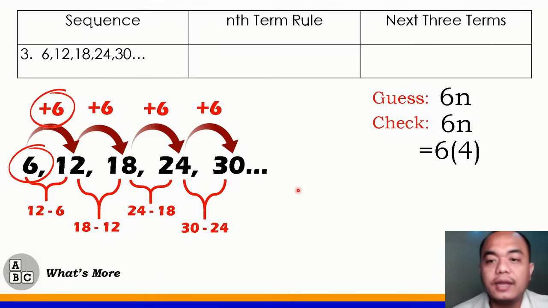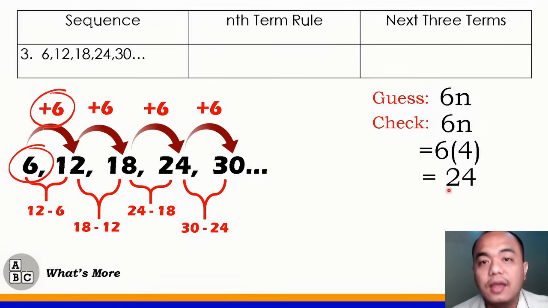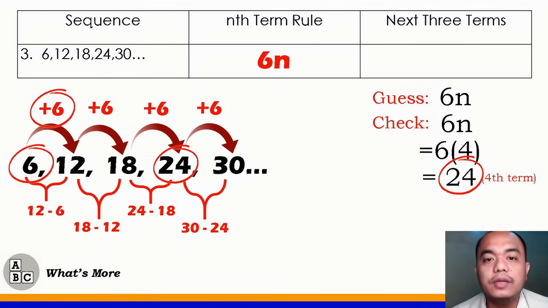So we have 6n, and this time we will solve for the fourth term, which is 24. So after this, we have to get 24. Okay, so our guess is correct. 6n here is the fourth term. So we have the same number as found in the given sequence. So our n-term rule here is 6n. Get it? Okay, that's good.